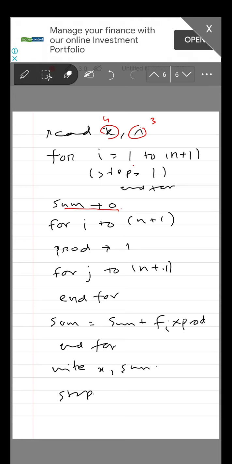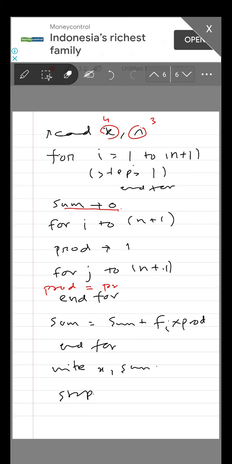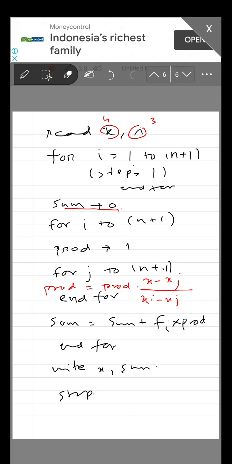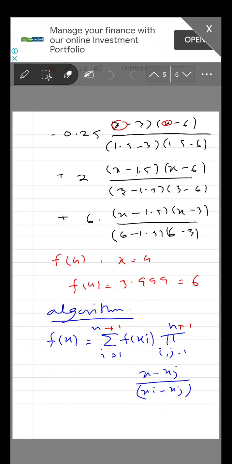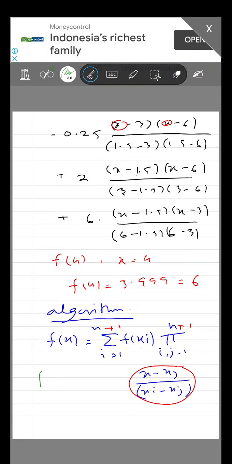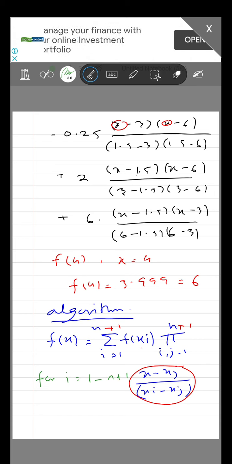One step is missing here. We need to write the product function here, equal to product into x minus xj divided by xi minus xj. This is for i equal to 1 to n plus 1 and j equal to 1 to n plus 1.